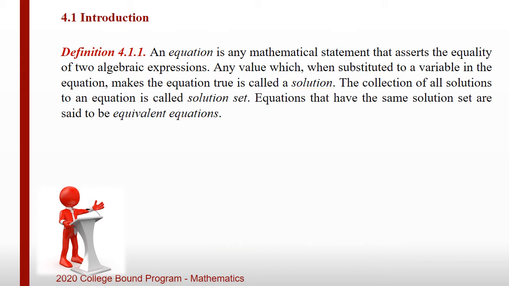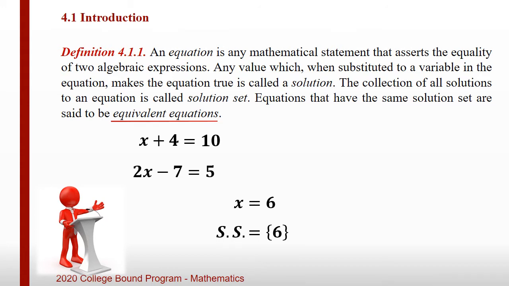When two or more equations have the same solution set, they are called equivalent equations. For instance, x plus 4 equals 10 is not the only equation whose solution set is the set containing 6. See for example, 2x minus 7 equals 5.